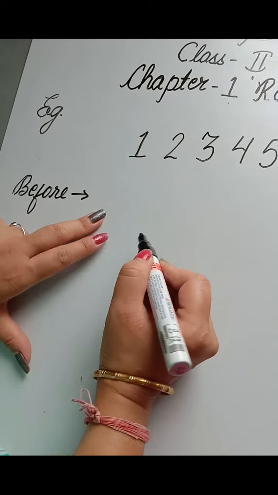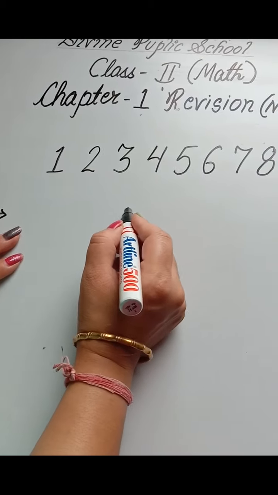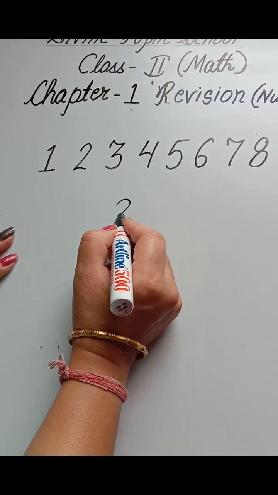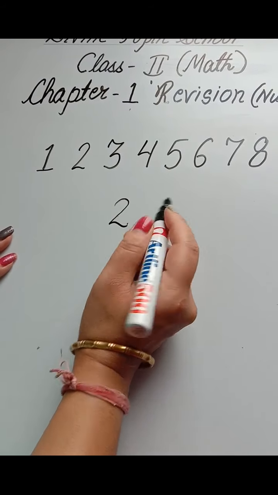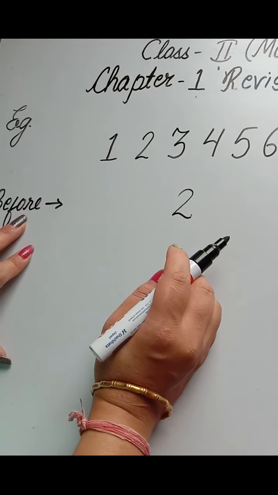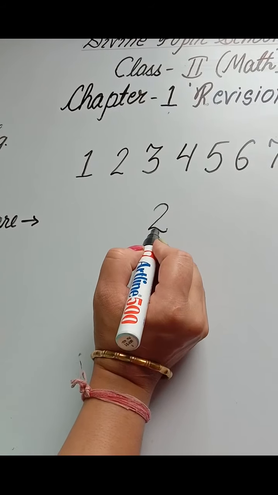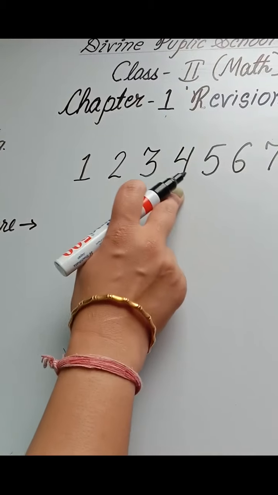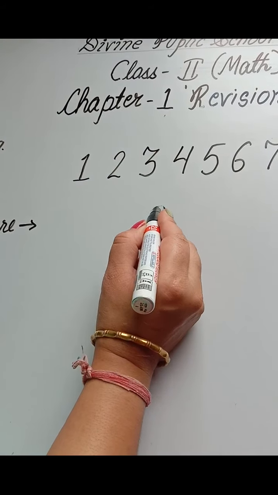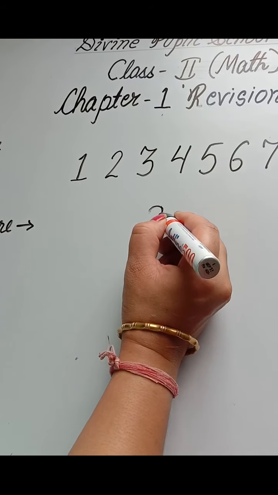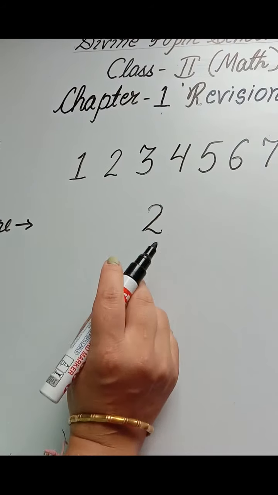If I say 2, before means, as I told you already, the number which comes just before the number. That means the number which comes just before 2.